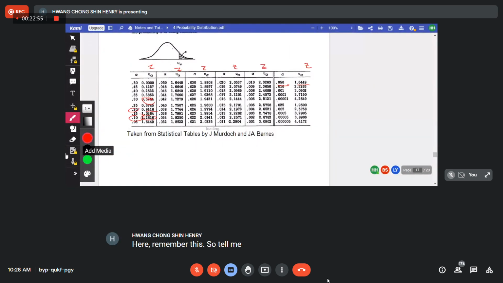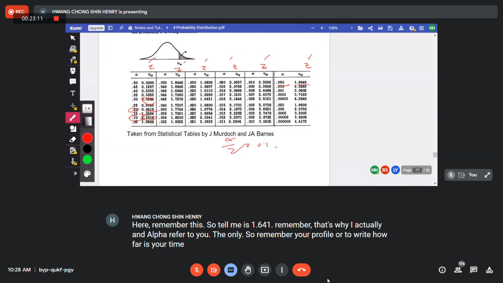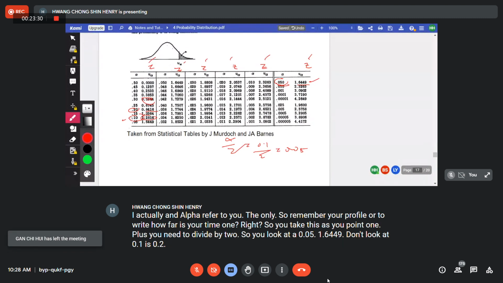So tell me where is 1.6449? Remember all these are Z scores, right? I labelled already. And alpha refers to the one you calculated just now. So remember your alpha over 2. Alpha is 0.1, divided by 2 is 0.05. So you check this as a whole, 0.05. Don't look at 0.1 now, because you need to divide by 2. So you look at 0.05: 1.6449. You have to divide by 2.